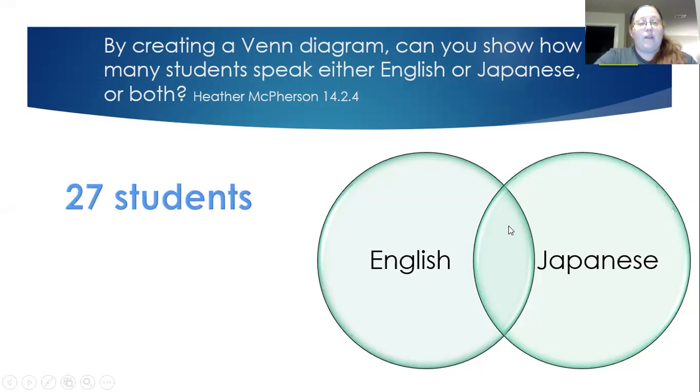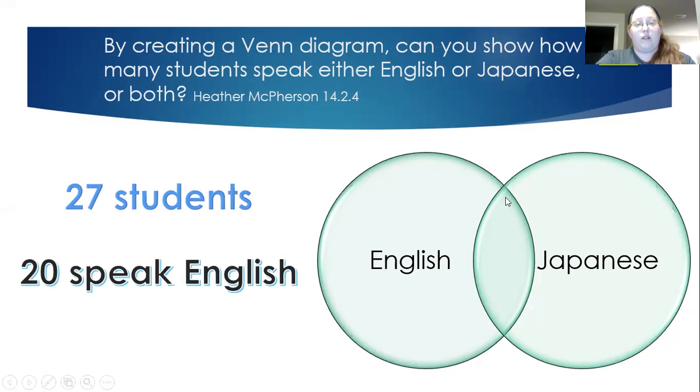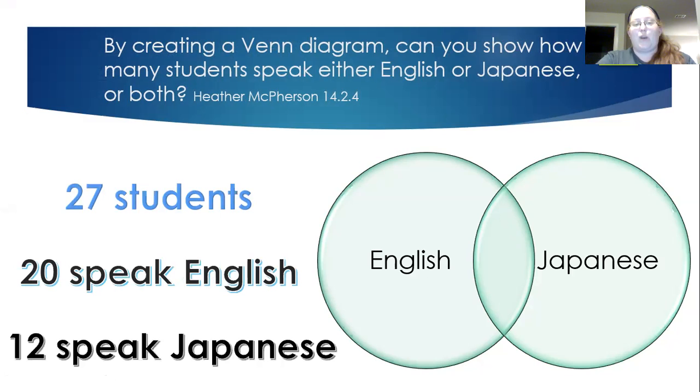There are 27 students in the class, and the teacher says that 20 of the students speak English and 12 of the students speak Japanese. But wait, 20 plus 12 is 32. So that means there are some students that speak both languages, right? How would we figure that out?